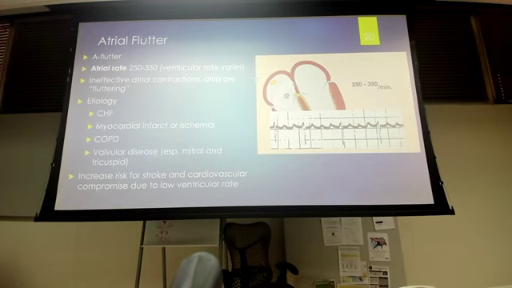So atrial flutter means that there is a single foci outside of the SA node, a single foci in the atria that is just sending off a ton of depolarization, a ton of electrical activity. The AV node is like, whoa, we can't do all that. We cannot let all that stuff through here.